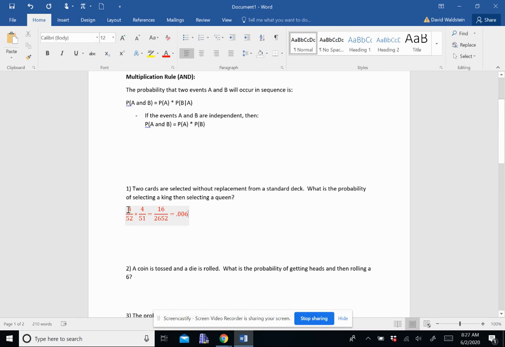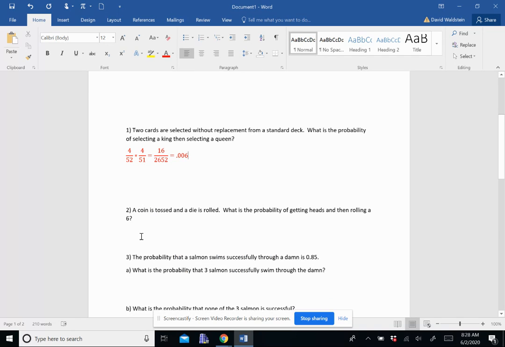All right, so this was our probability of the first event occurring. This was the probability of getting that queen, given we already got the king. The given basically took one away from the denominator here. So we have a probability of a king then a queen of 0.006. All right, if we didn't say without replacement and I shuffled that king back in the deck again, then those would be independent. It'd just be 4 out of 52 times 4 out of 52.